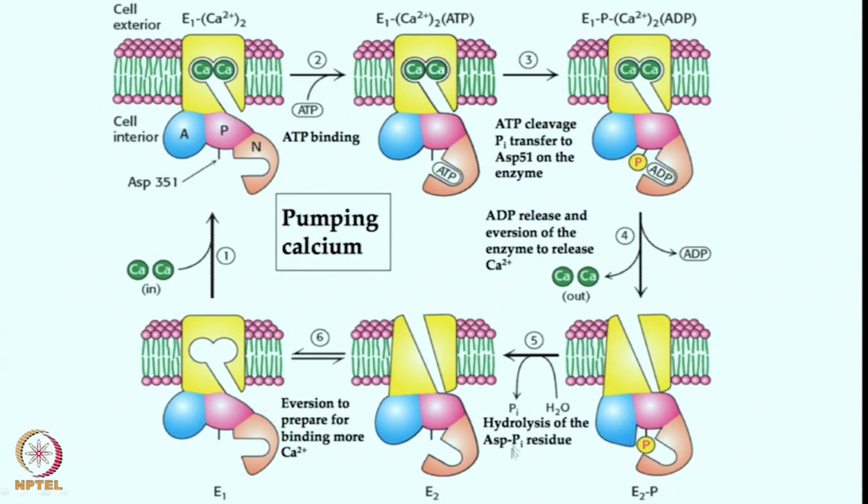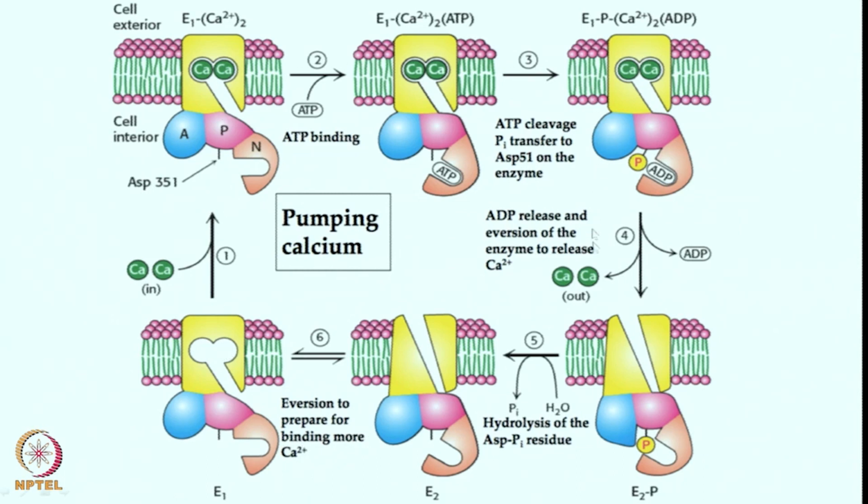This hydrolysis of the aspartate phosphate residue also takes place, wherein the water will assist in this dephosphorylation reaction. Overall then, this is getting ready once again to bind the calcium. So, eversion happens once again to prepare binding more calcium 2 plus into this pocket, and the process goes on.